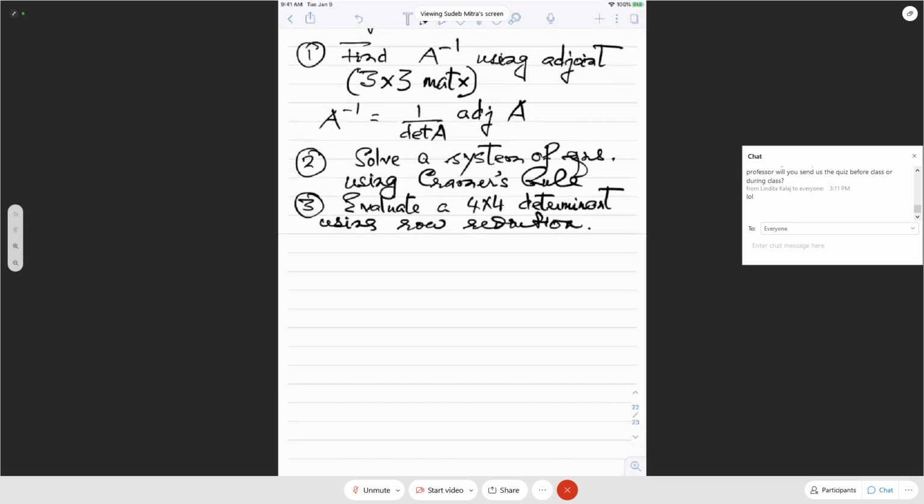So this is important. System of equations. It cannot be system of linear equations. Cramer's rule, you know that.